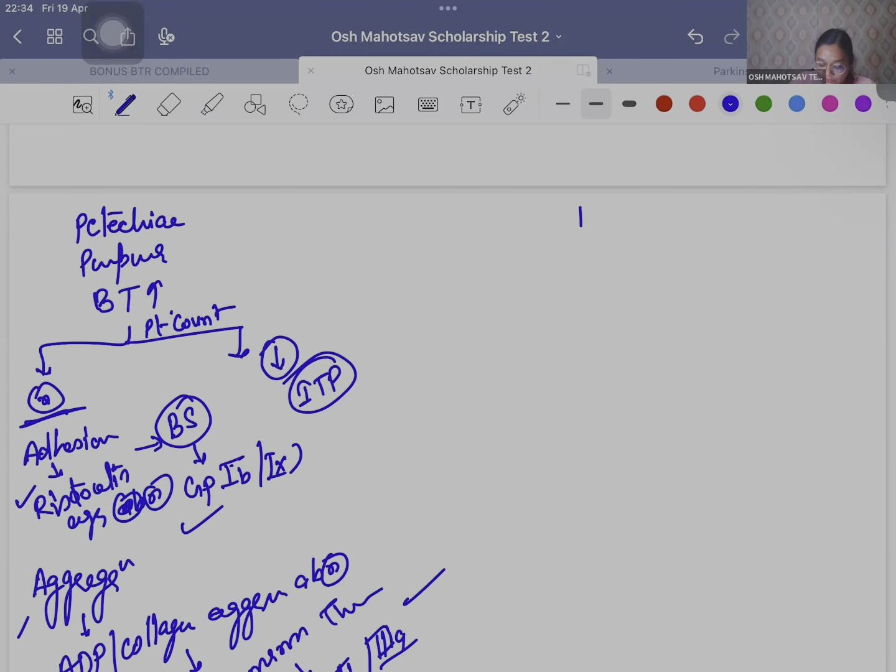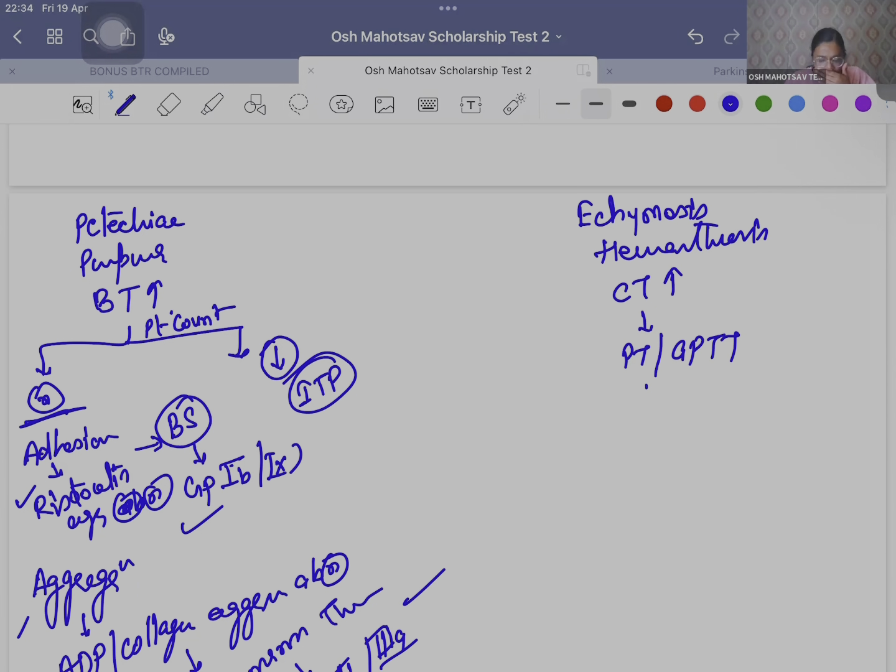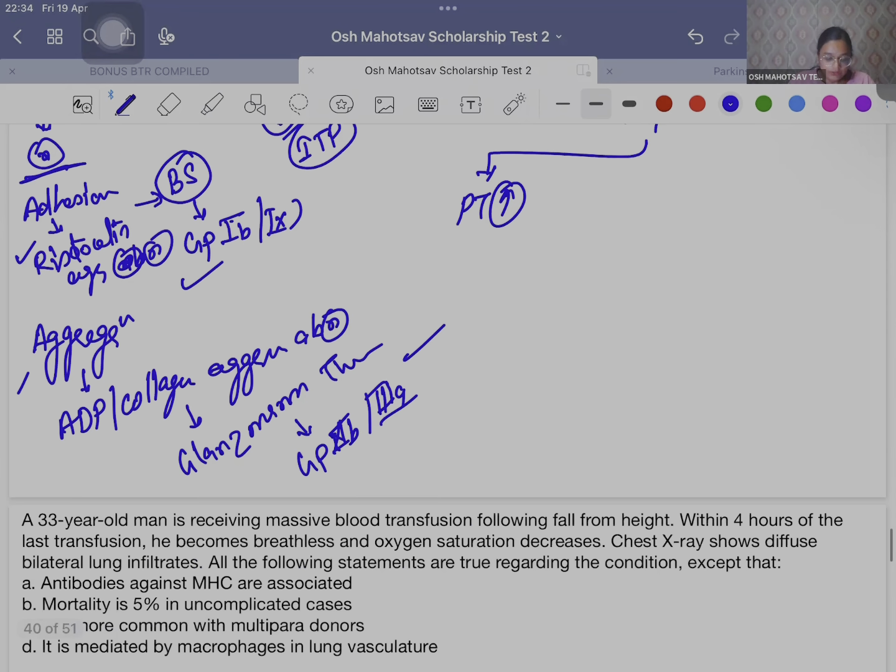But suppose they write that the patient has ecchymosis, hemarthrosis, and clotting time is increased. Then we have to check PT and APTT. If PT is more, then the diagnosis is mainly a factor 7 defect. It can be warfarin toxicity or early vitamin K deficiency.